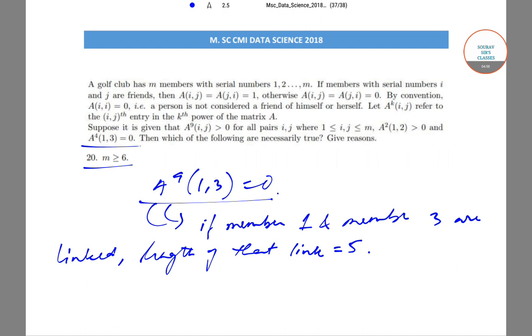If a to the power 4 of 1, 3 is equal to 0, then we'll have length equal to 5.